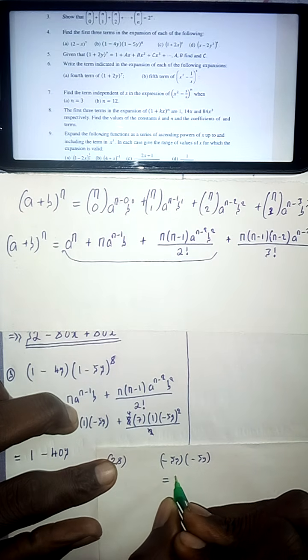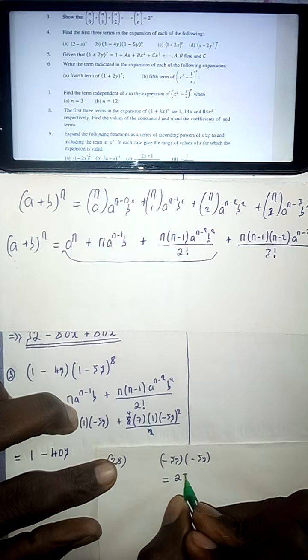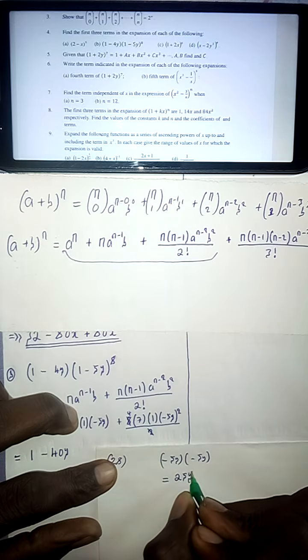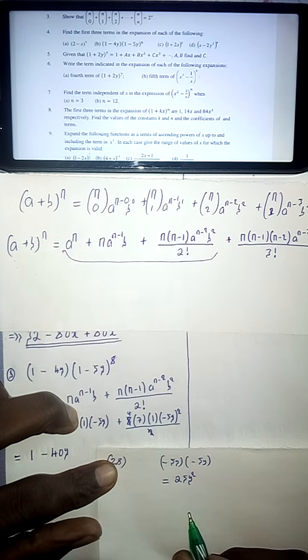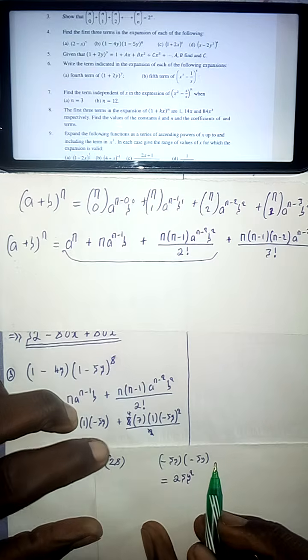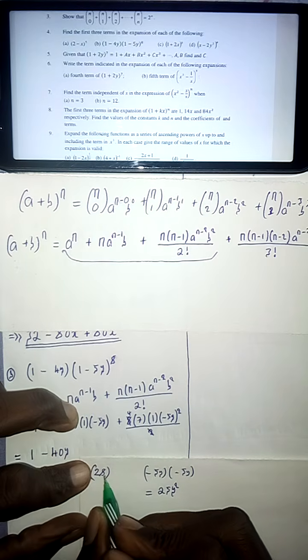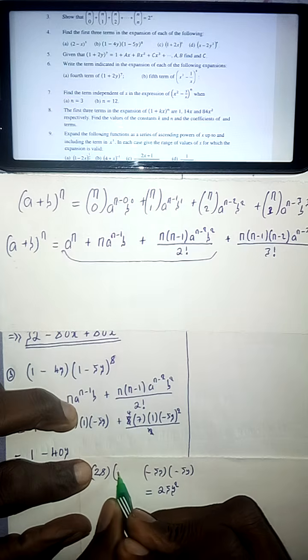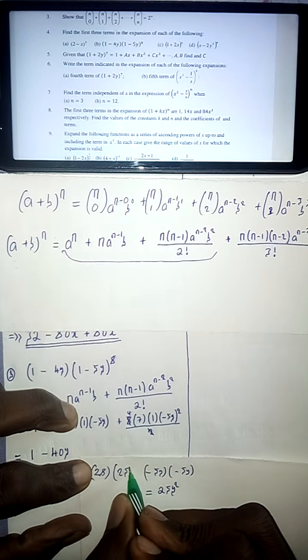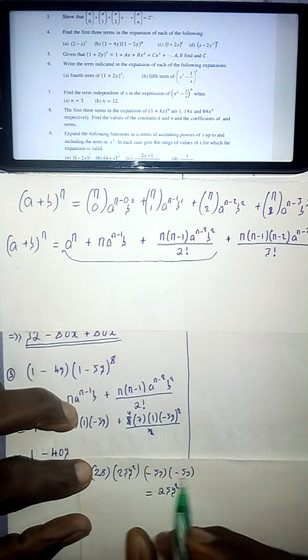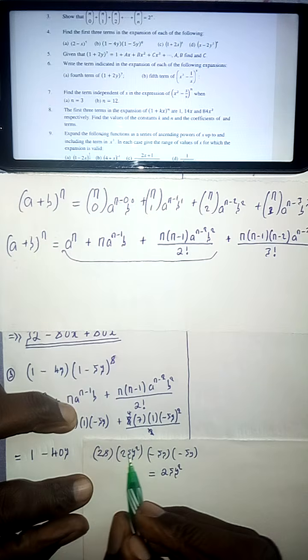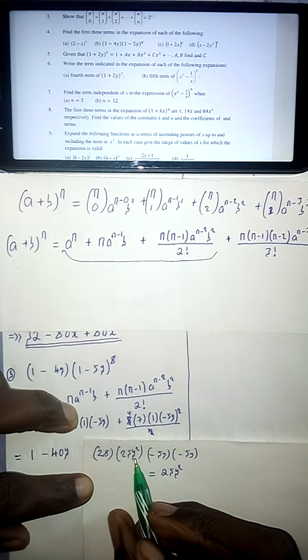Well, you're supposed to get 25y squared, which is a positive. So therefore you're going to have 28 multiplied by 25y squared. When you multiply this and this, what are you getting?